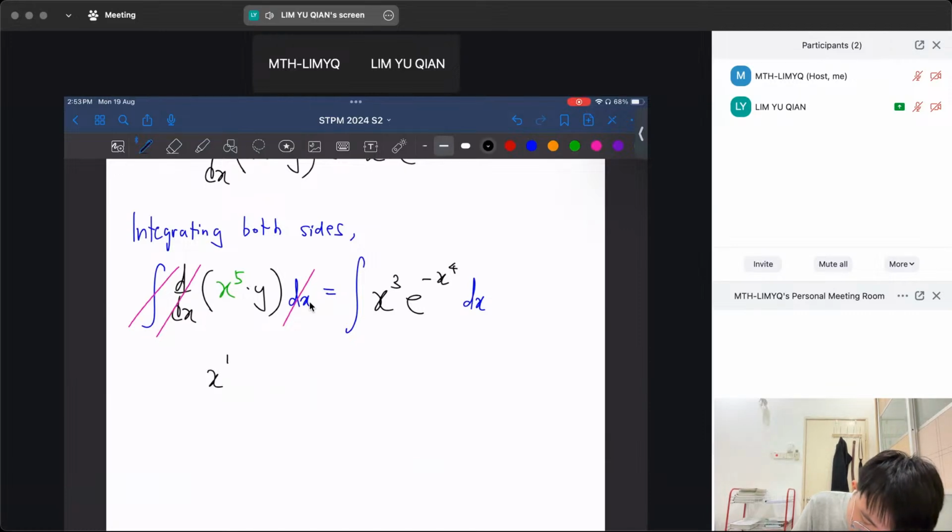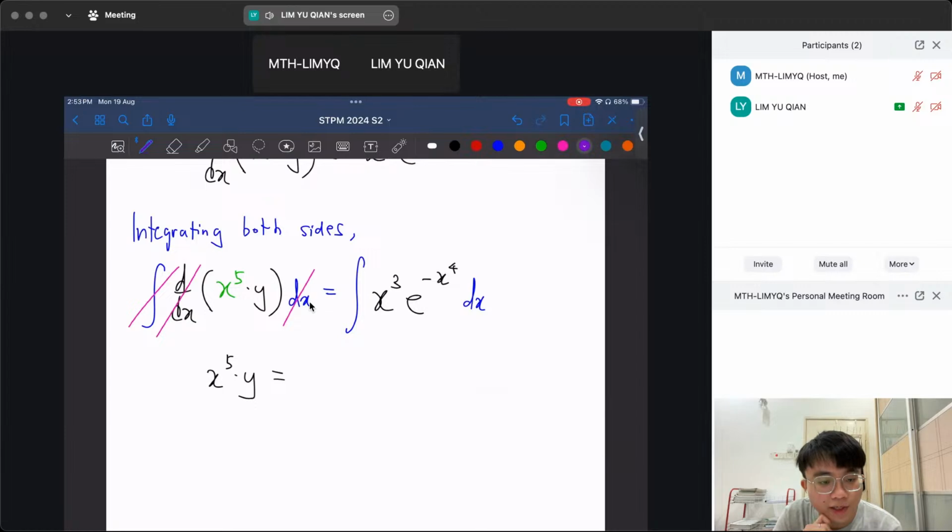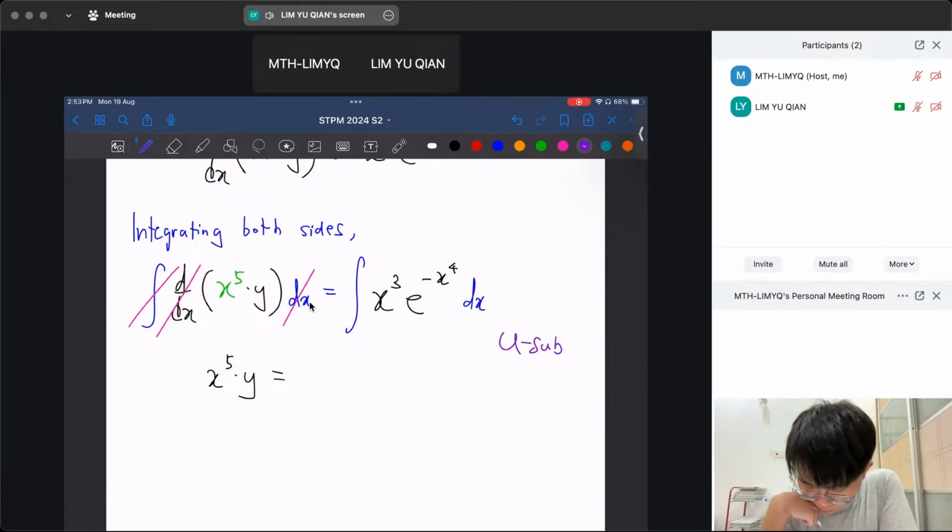So just x power 5 multiplied by y equals this integration. For the right hand side integration, we use u sub. This part also we use u sub. So u sub twice for this one.